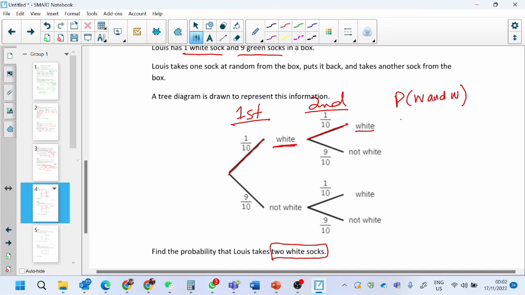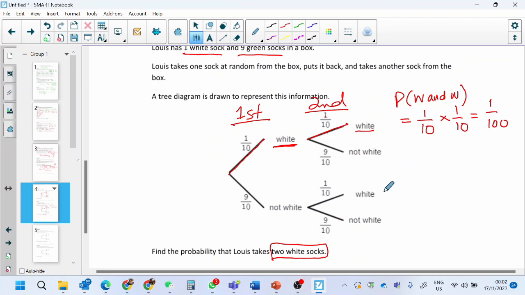Then we have to multiply them: the probability of white for the first time, 1 out of 10, times the probability for the second time, again 1 out of 10, is equal to 1 out of 100.